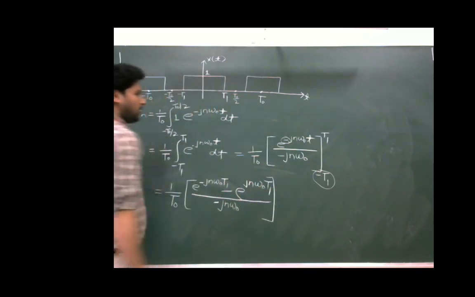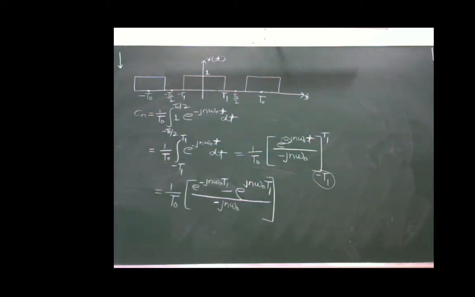This is what we get from the integration of e power minus j n omega naught t.